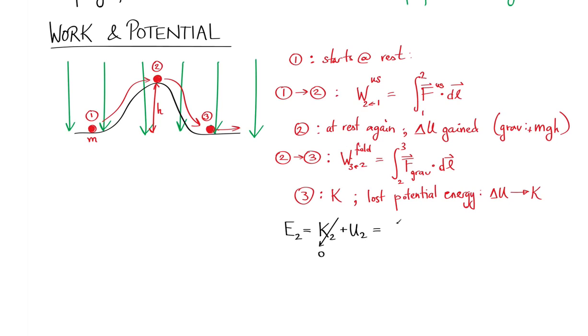And it's equal to, because this is a conservative force, the energy E3, which is equal to K3 plus U3. I'll just define it such that the potential energy when you're at ground level here is 0. So I'll write that as 0.